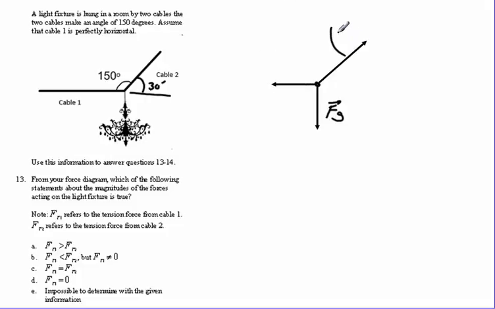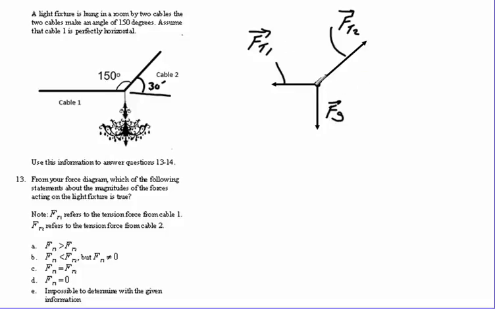So this will be force in cable 2, we'll call it tension 2. This would be force T1. Now if we look at this problem here, the answers only have to do with the relationship between T1 and T2.